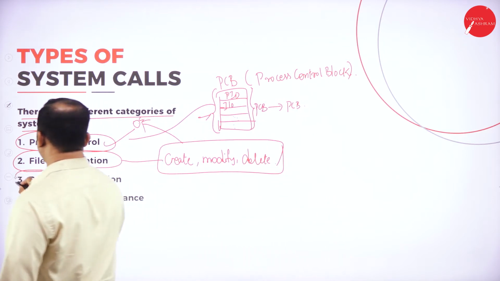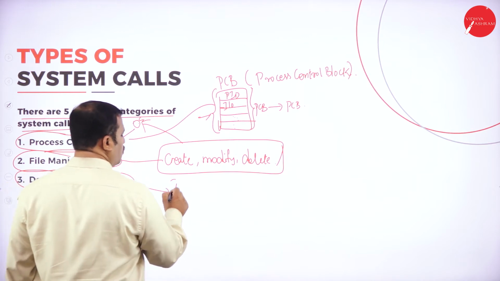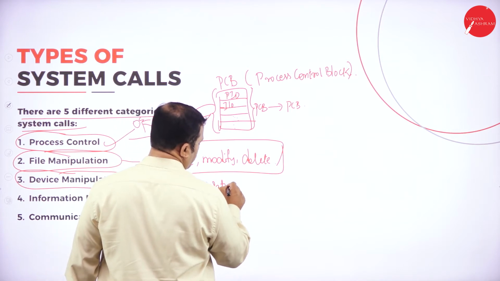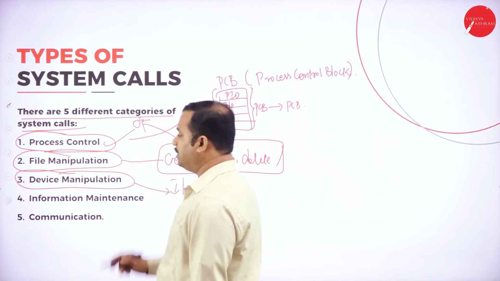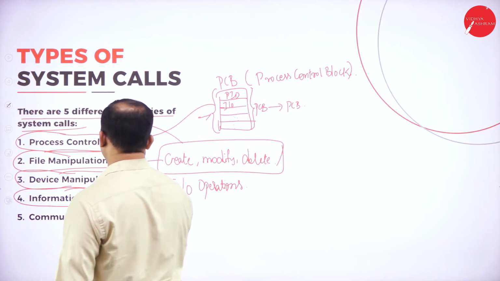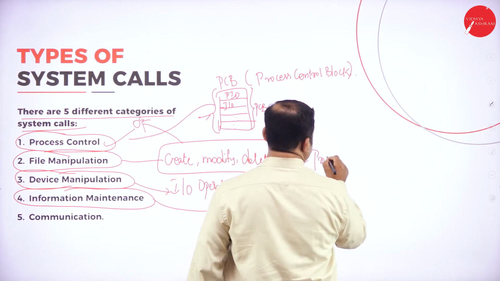Then what is the meaning of device manipulation? A device manipulation is one which does the task of IO operations. These IO operations are maintained by the operating system. Then we have information maintenance. For example, the time: what is the time at which the process started?